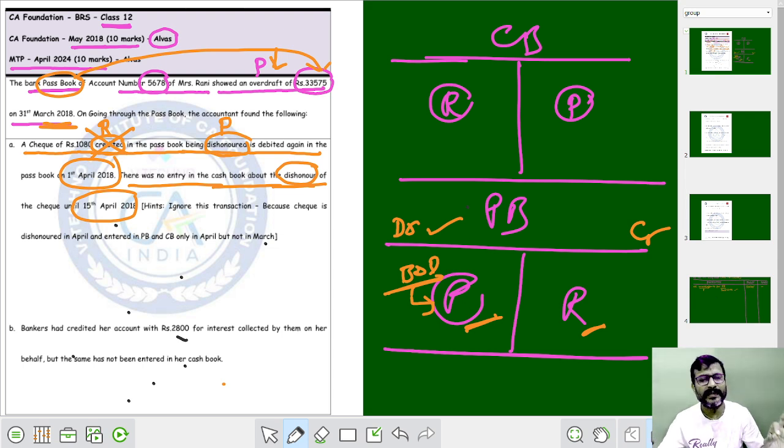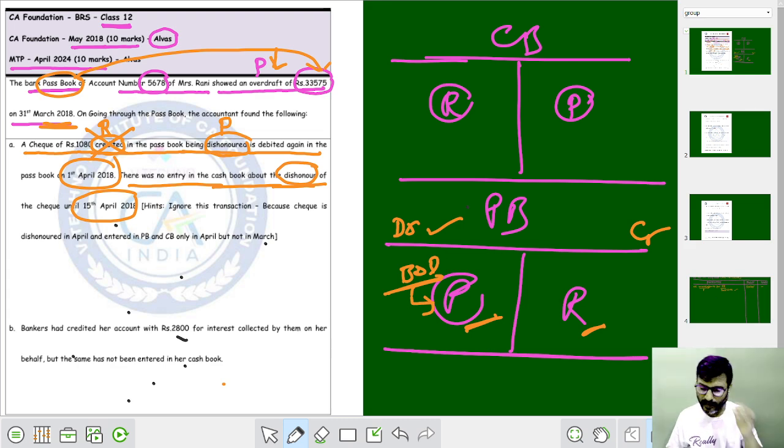It means we can say that there is no entry in both cash book and passbook in our financial year ending 31st March 2018. So what we have to do? We have to totally ignore the transaction.